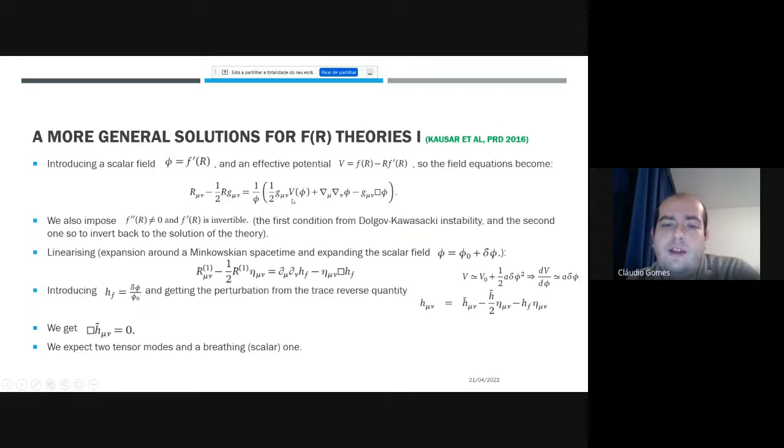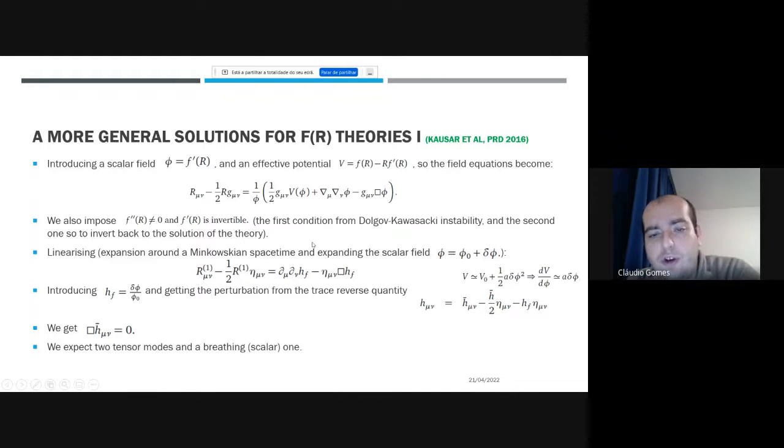So we need to understand in what sense these extra dynamics, the dynamics of a scalar field, introduce extra polarization modes in comparison to the general relativity counterpart. So we impose f double prime to be non-zero, and f prime to be invertible.